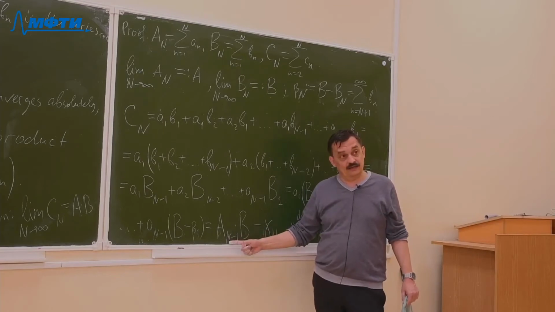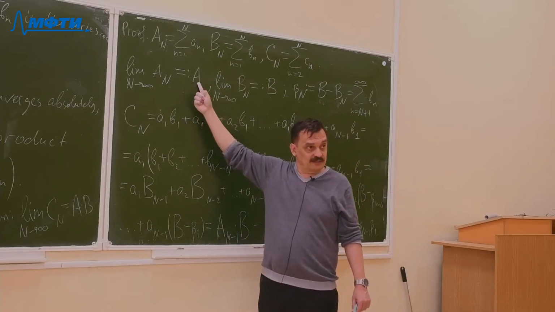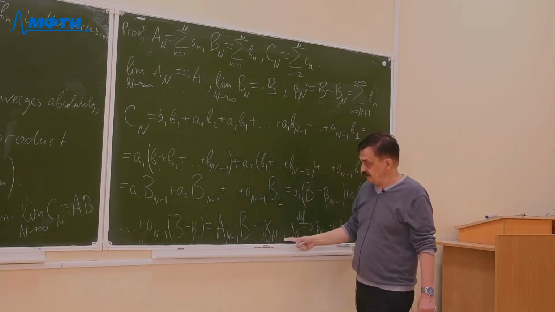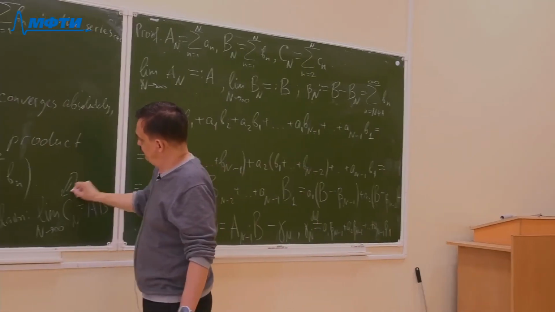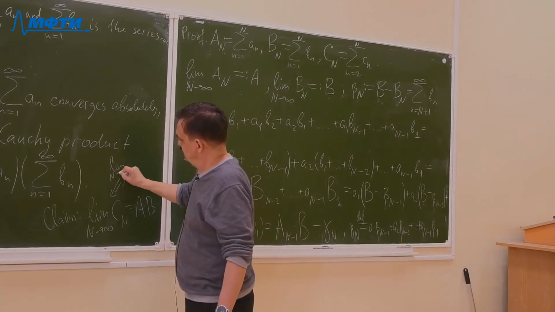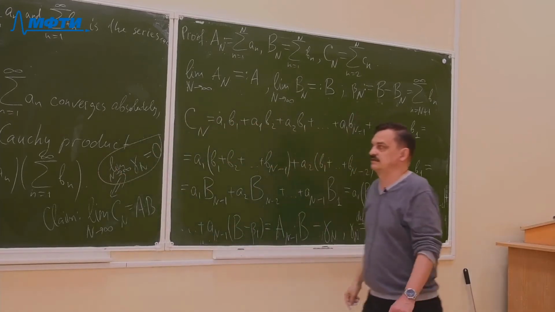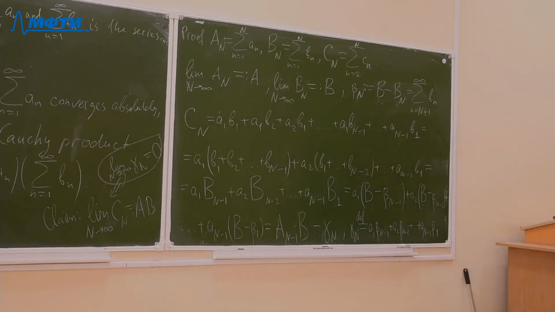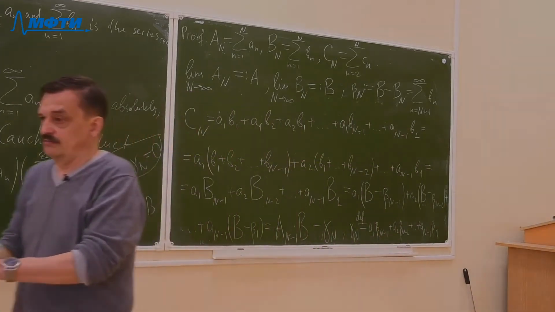Capital A_(N minus 1), as capital N tends to infinity, tends to capital A, right? So it means that this claim in our terms is equivalent to the proof that the limit of gamma_N equals 0. That is what we have to prove. Okay, let's have a break.